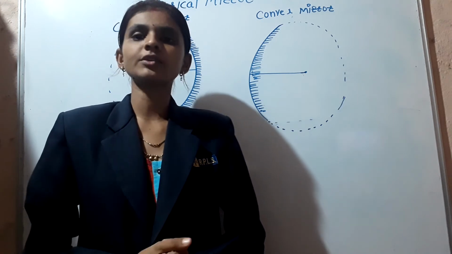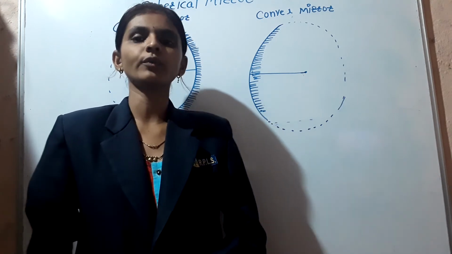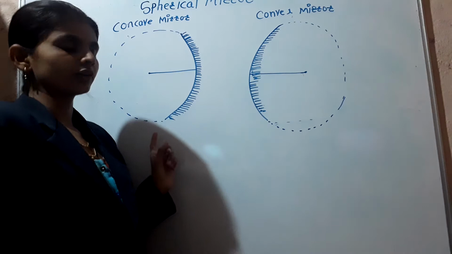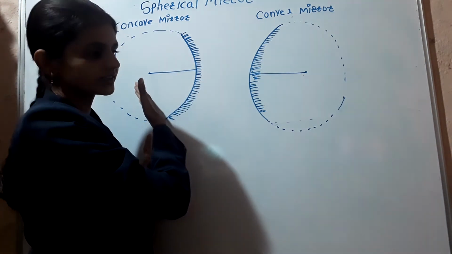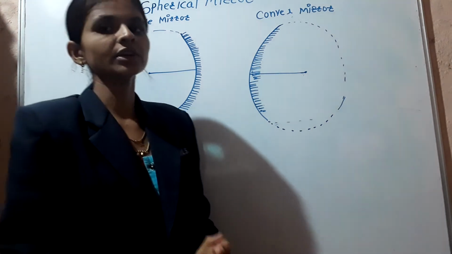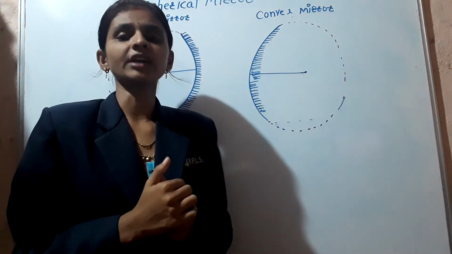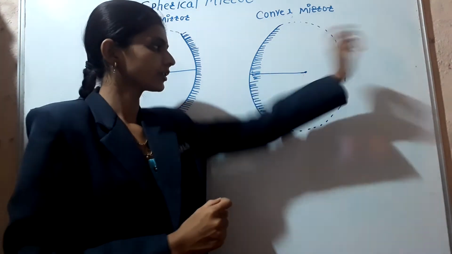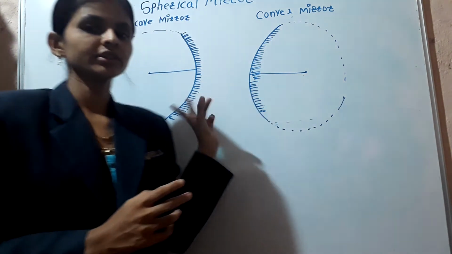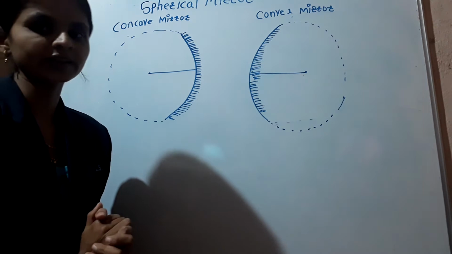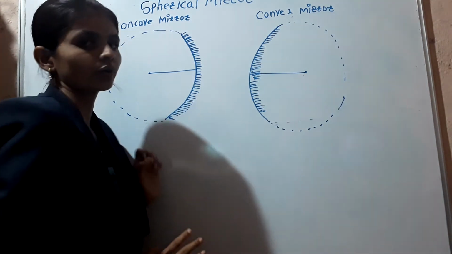So the first type is a concave mirror and the second type is a convex mirror. In the case of the concave mirror, the reflecting surface is inward towards the center, and in the case of the convex mirror, the reflecting surface is outward with respect to the center. These two diagrams represent the concave mirror and the convex mirror.